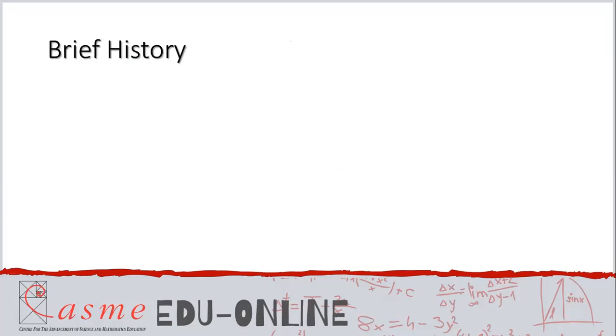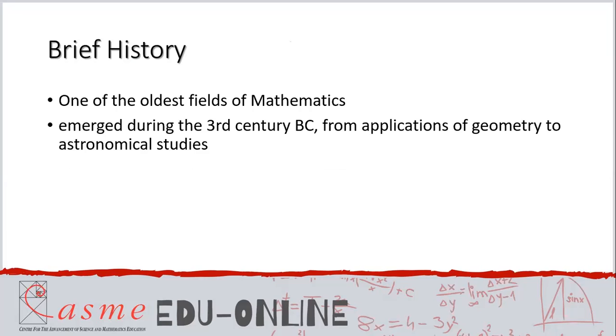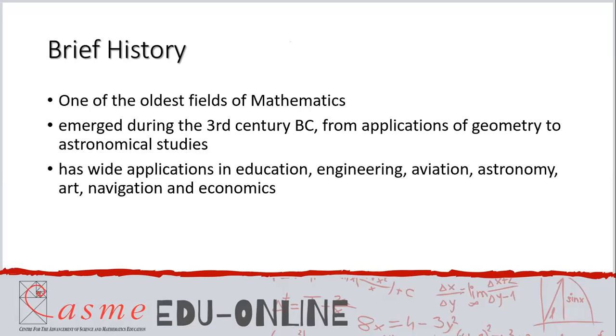Right. Let's get to the brief history. Trig is one of the oldest fields of mathematics. You'll find that it emerged during the 3rd century before even Christ was born, from applications of geometry in astronomical studies. It has wide applications in education, engineering, aviation, astronomy, art, navigation, economics.